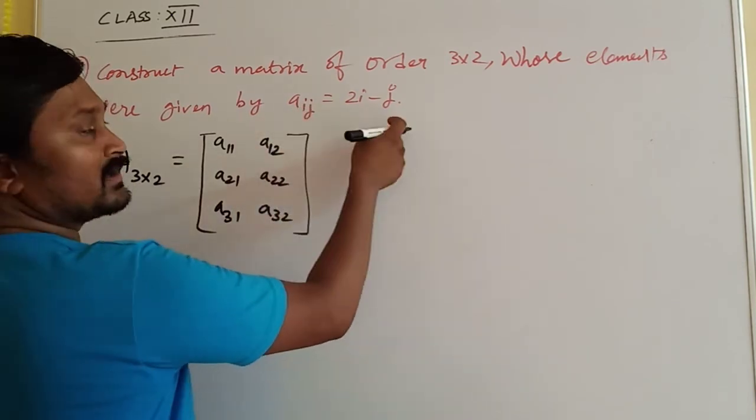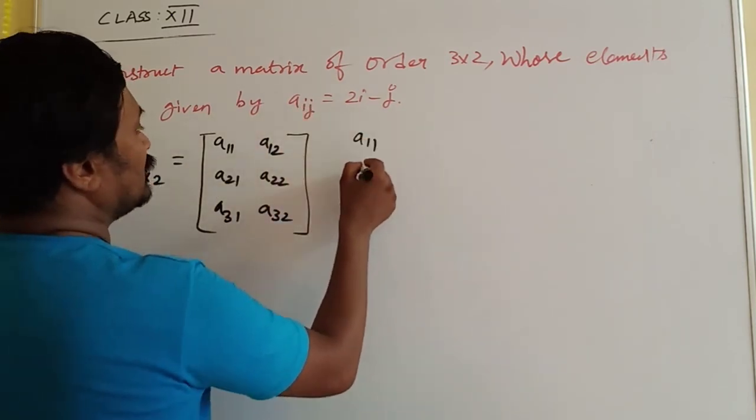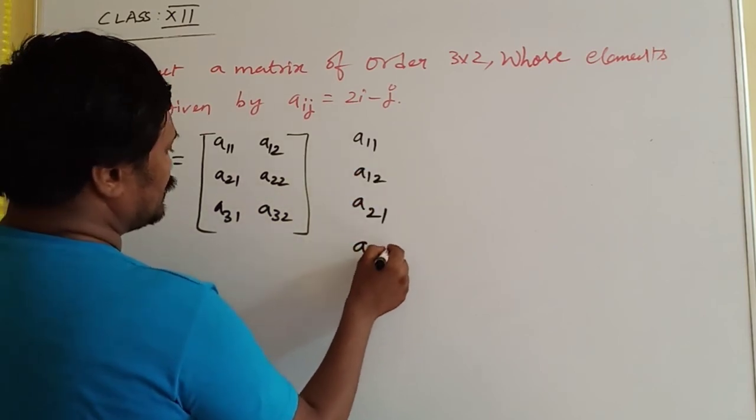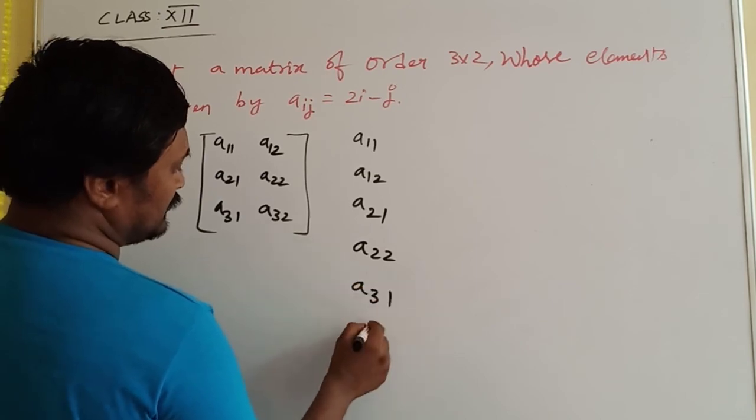If you are able to find these values, then your answer is completed. Aij is already given, so find A11, A12, A21, A22, A31, A32.